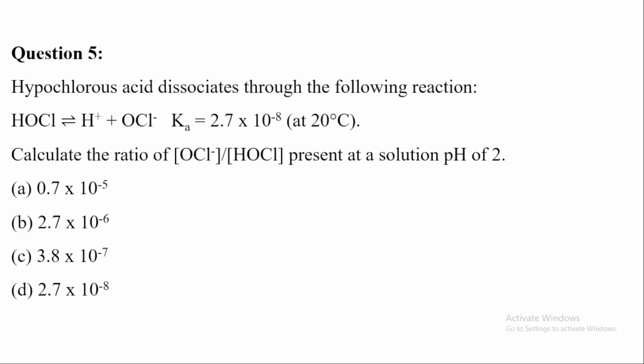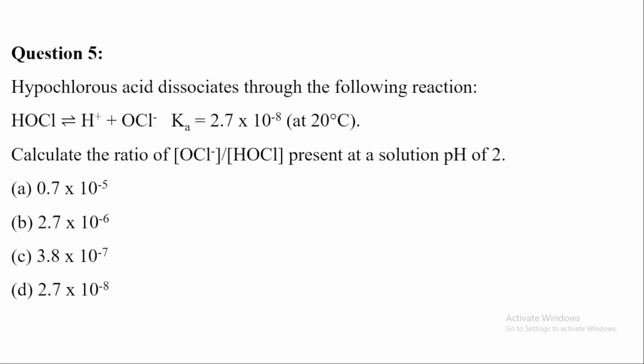In the initial classes I told you what a dissociation constant is and how we define it. The dissociation constant can be written in terms of the concentrations of the products and the reactant. You have two products, H+ and OCl-.